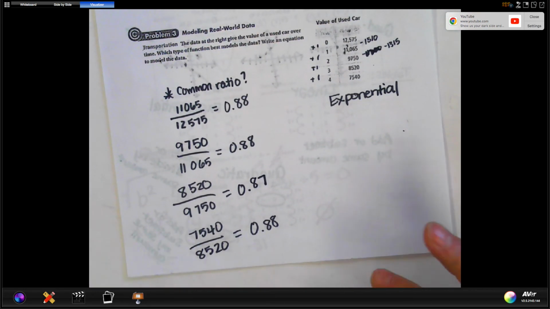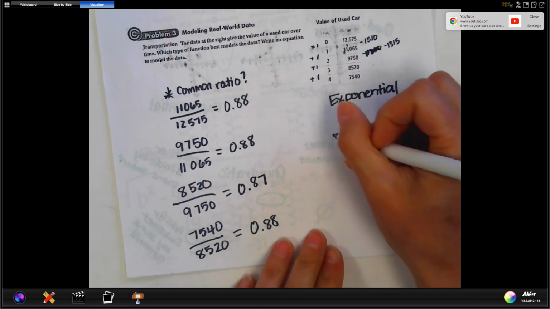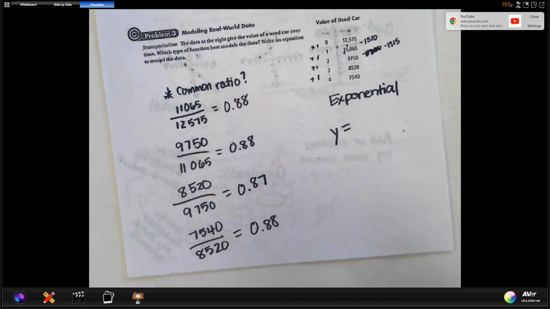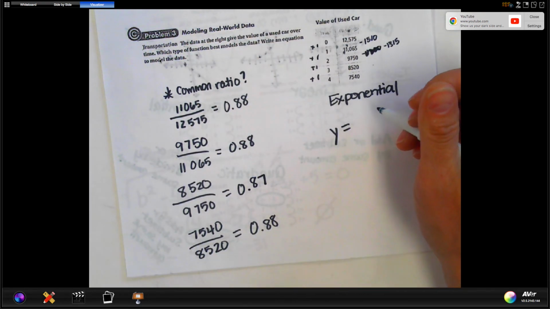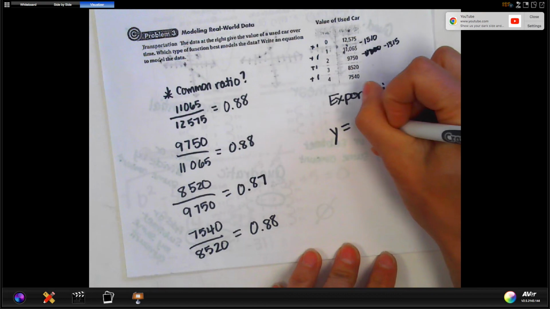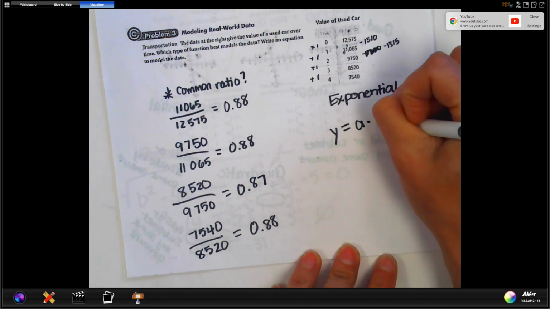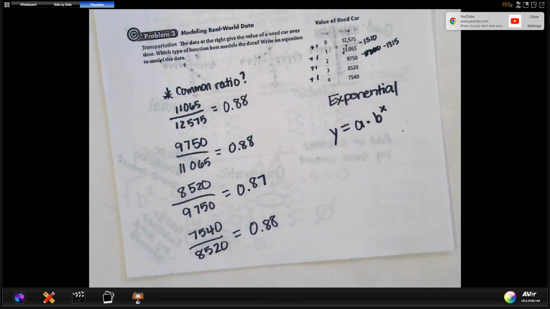Now, how do we write an equation for this? Remember that the exponential function, which is on our previous page, is y equals a, our initial value, times b to the x power, where b is our rate.